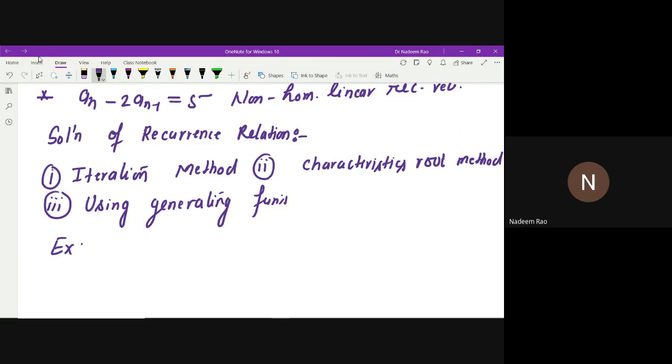if we talk about the iteration method, first of all, how we will define the iteration method.